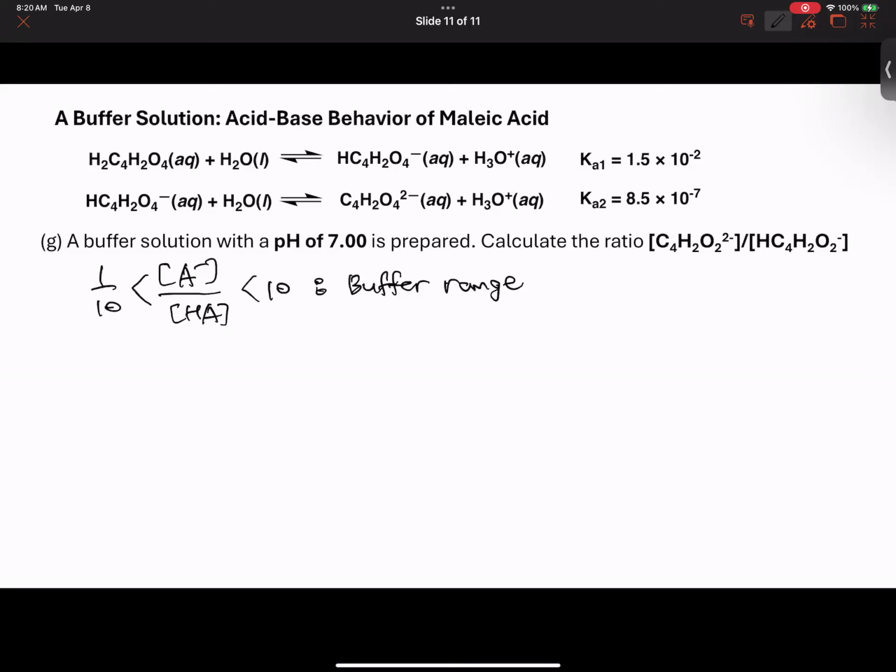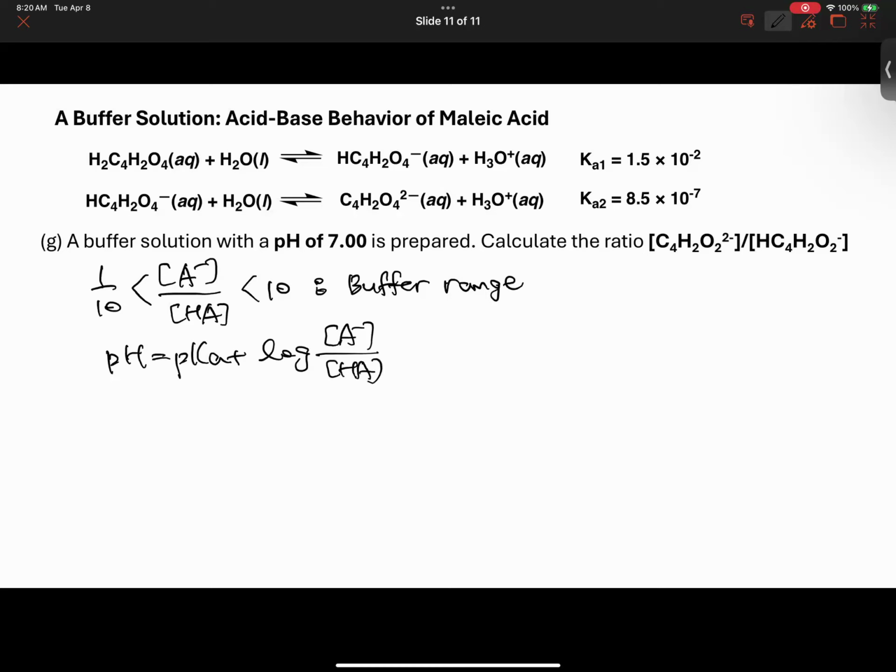It means when you plug this into the buffer equation, pH can be determined from the pKa value of the acid and the ratio between the conjugate base concentration and acid concentration.